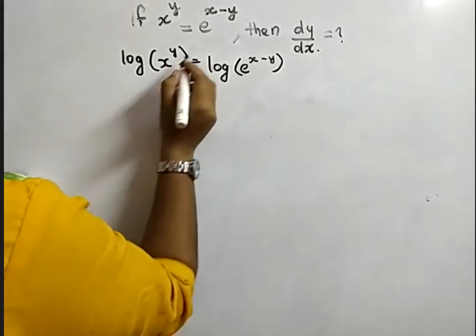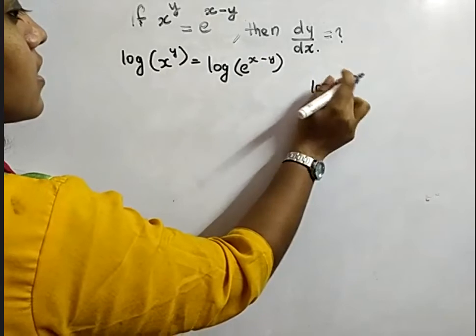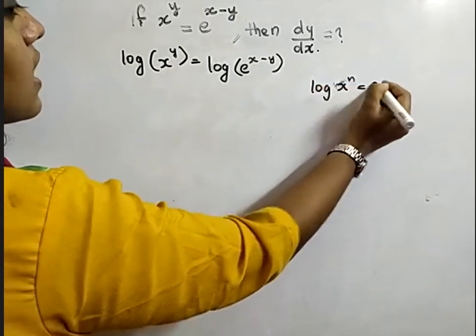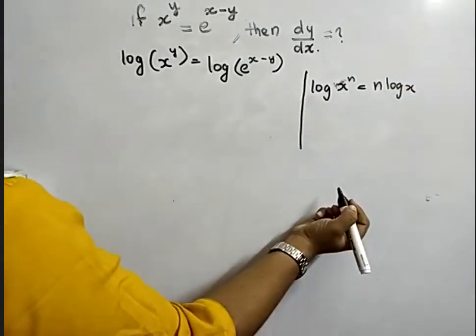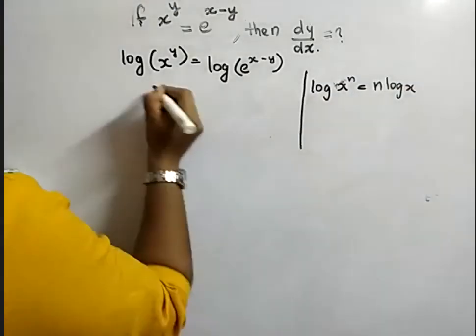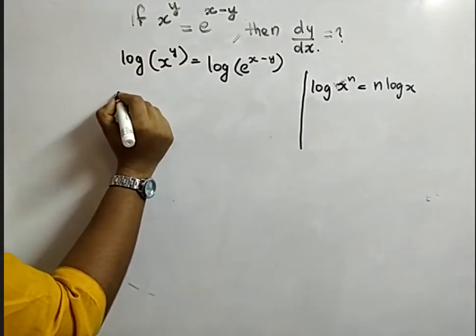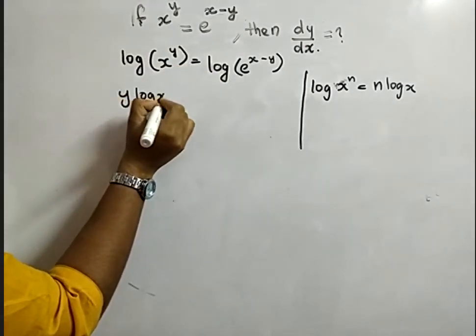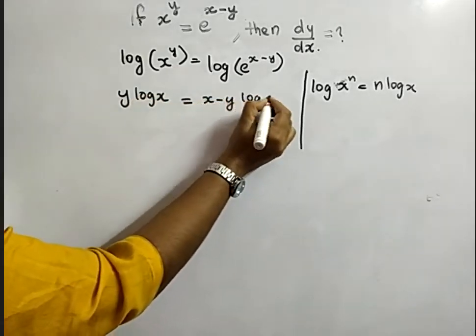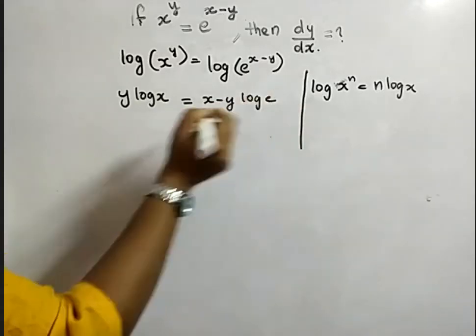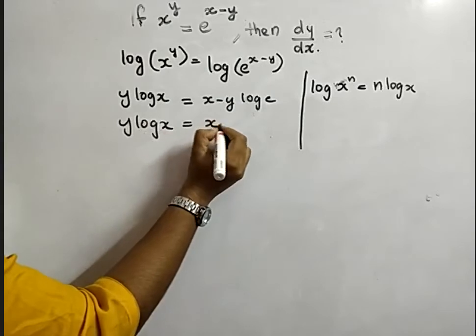What is log x raised to n? Log x raised to n is n log x. So here we'll get y log x equal to x minus y log e. Log e is 1. So y log x is equal to x minus y.